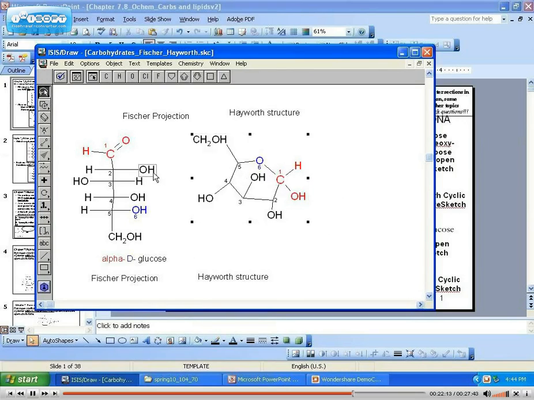Notice, if the alcohol was on the right side, then it's automatically going to be in a down position. So on carbon 2, the alcohol is going to be down since it's on the right-hand side. Carbon 3, the alcohol is going to be up. Carbon 4, it's going to be down. So think of it as down, up, down, just as you memorized right, left, right.